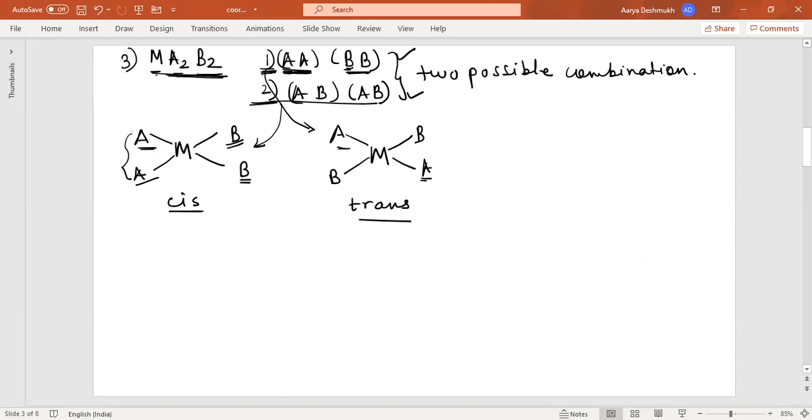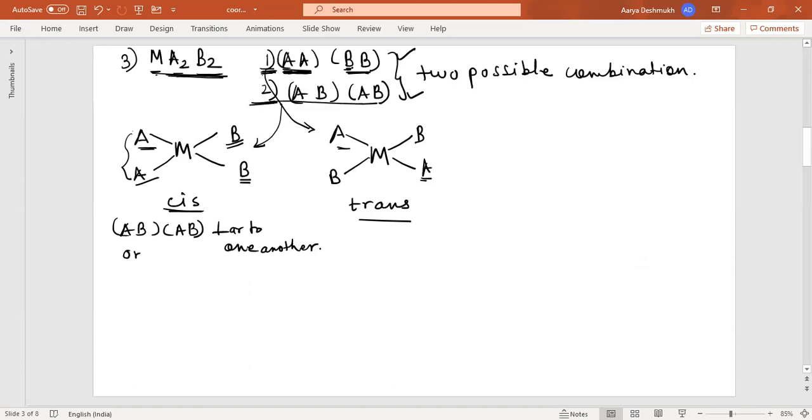Or in other way you can write here AB, AB. These are perpendicular to one another. And that is why this is the cis isomer. So this will help you to identify cis and trans isomer.